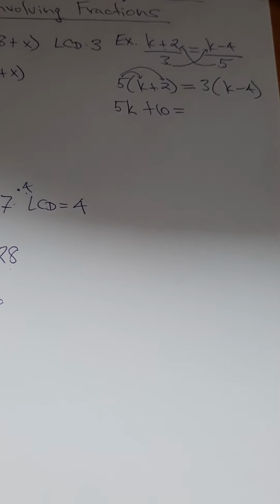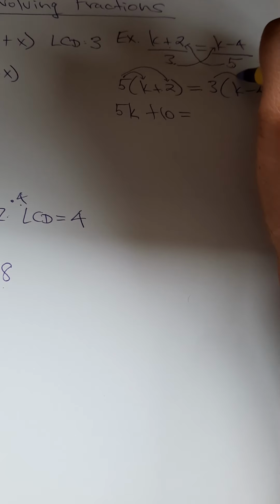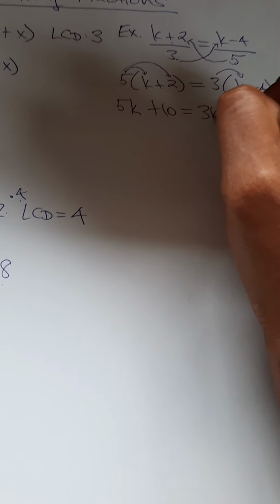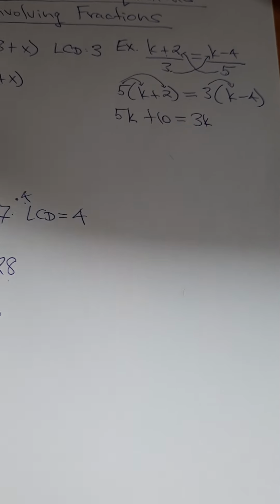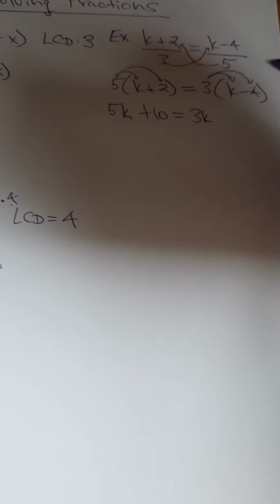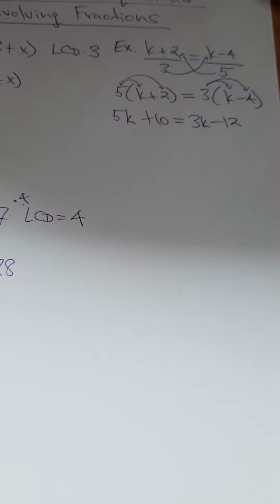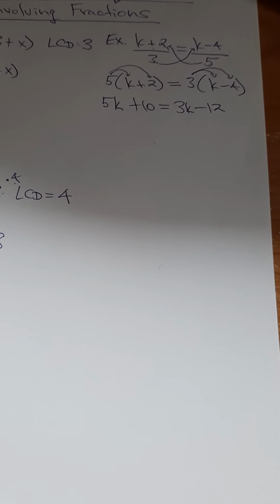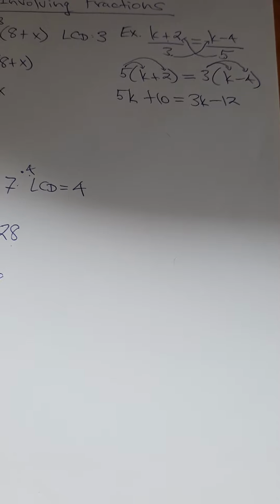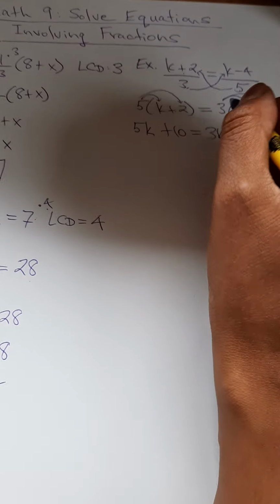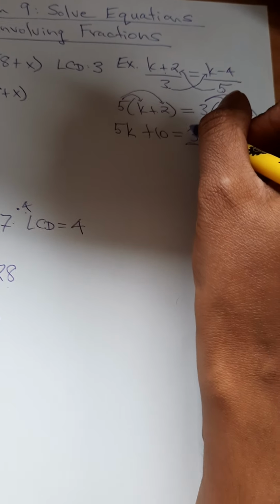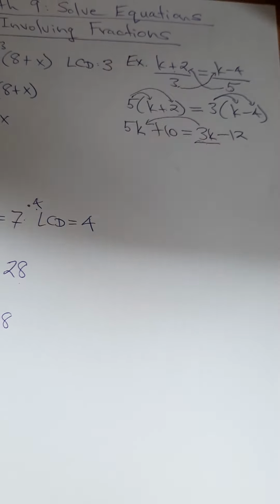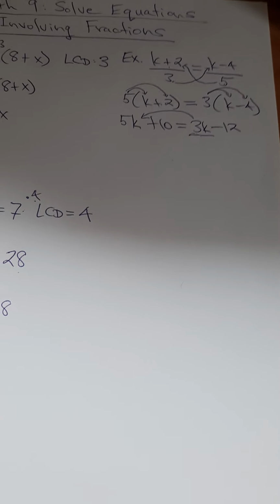Then go to the other side here. We're going to do 3 times k, so 3k. And then you're doing 3 times negative 4, negative 12. Everyone's good so far? We're just going to put the like terms together now. So I always draw arrows. I notice I want to put all the k's on one side, so I'm going to take the 3k to the other side.